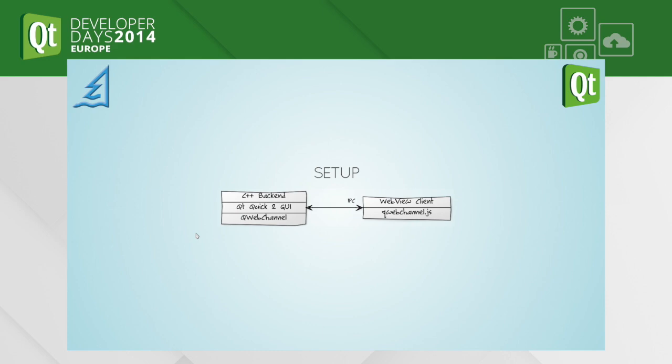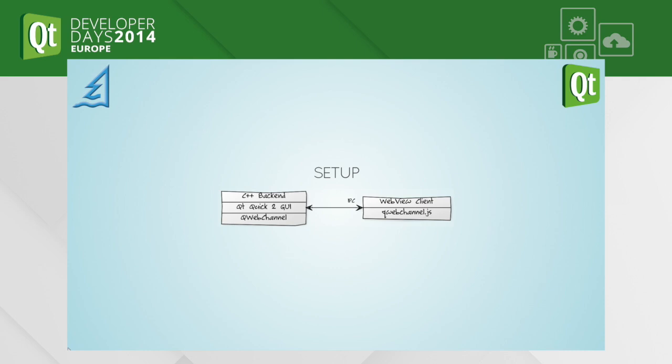So from the setup point of view, I mentioned that you have some piece of code on your C++ and QML side and some more glue code on the JavaScript side. That's the QWebChannel.js file, which you need to include there.